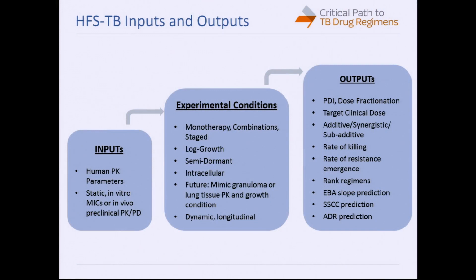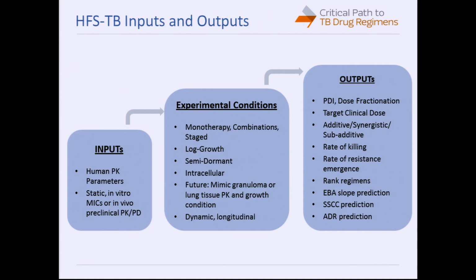So what are the inputs and the predicted outputs of this model? So we can, in this system, input human PK parameters, which is, again, an advantage, as you can understand, over a mouse model system. We know going into these studies static in vitro MICs or sometimes our in vivo preclinical PK/PD information, the experimental conditions that we can assess, either monotherapy with drugs or combination therapy, as I just mentioned.